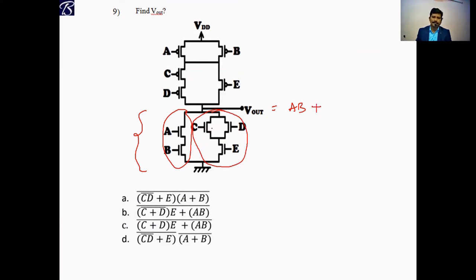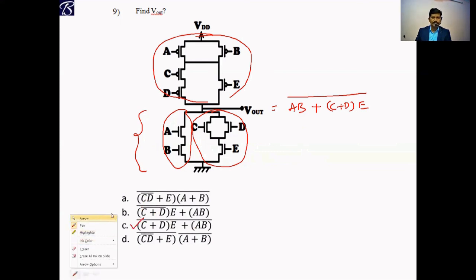Now in this, this is C plus D into E. C plus D into E. And if you take this PMOS, this is total bar. It acts as an inverter. That's all. Now find out the option here: C plus D into E plus AB, whole bar. Option C is correct. Let us check the answer. Yeah, option C is correct.